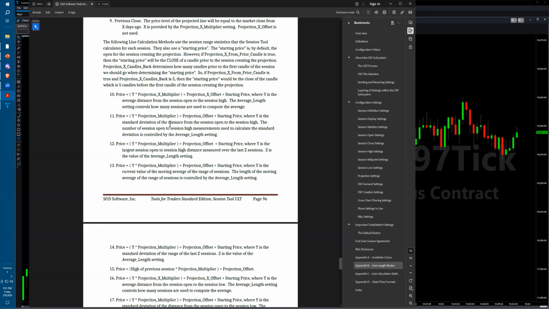And so as you look at these, you can see that there are variations on a theme again. In one, you're using the average. In another, you're doing things with the standard deviation. Sometimes you're doing it with the range as opposed to the distance from the open to the high or the distance from the open to the low.